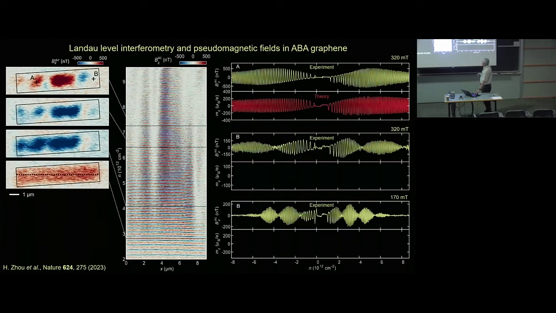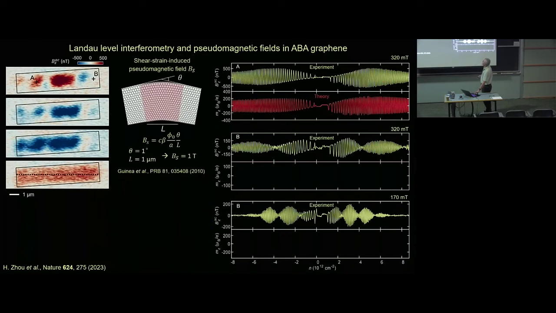There are various possibilities, and we can show that it actually comes from shear-induced strain, which causes a pseudomagnetic field. Paco and others have shown us that if you take a strip of graphene and tilt it or bend it by angle theta over distance L, it creates a pseudomagnetic field proportional to theta over L. And if you put in numbers, a twist of 1 degree over a distance of about a micron gives you a pseudomagnetic field of 1 Tesla.